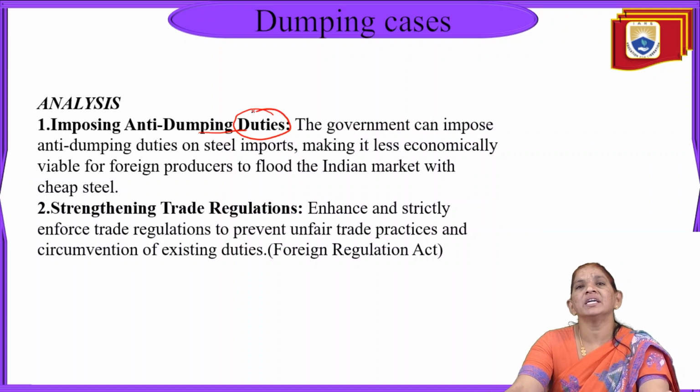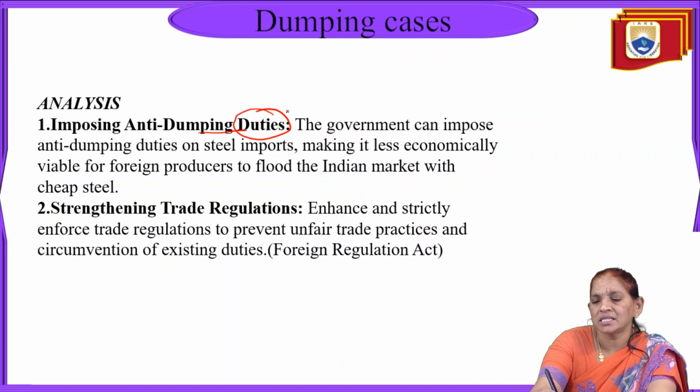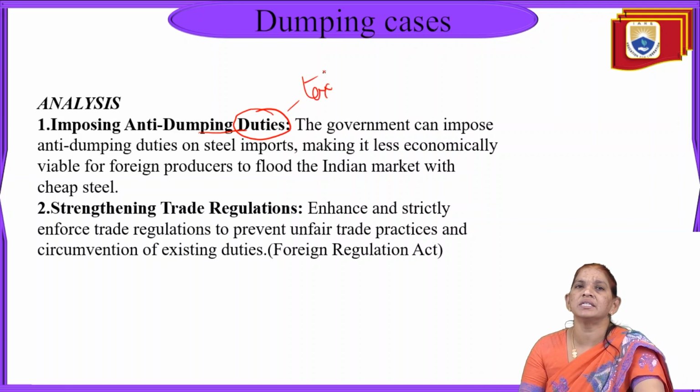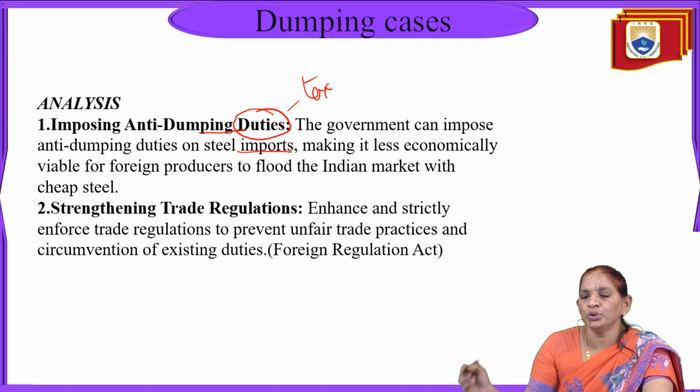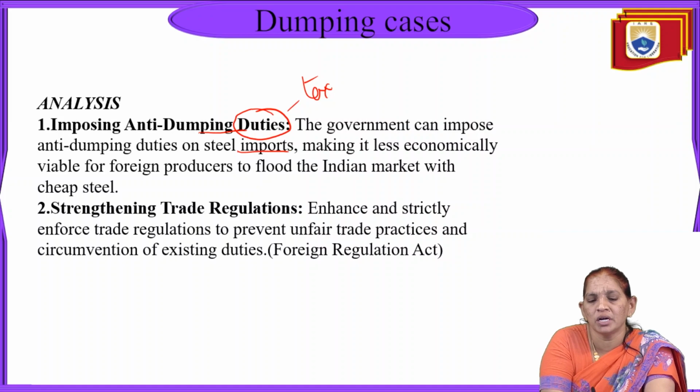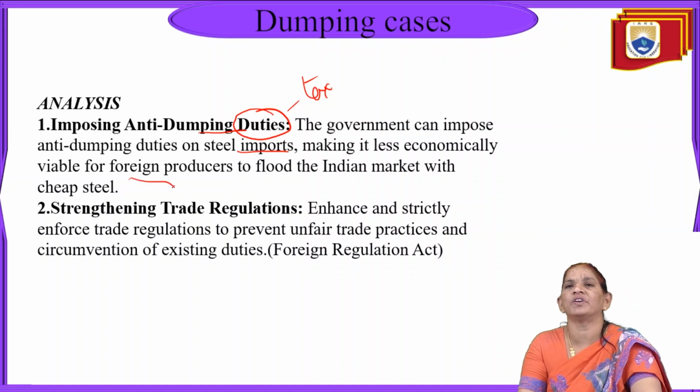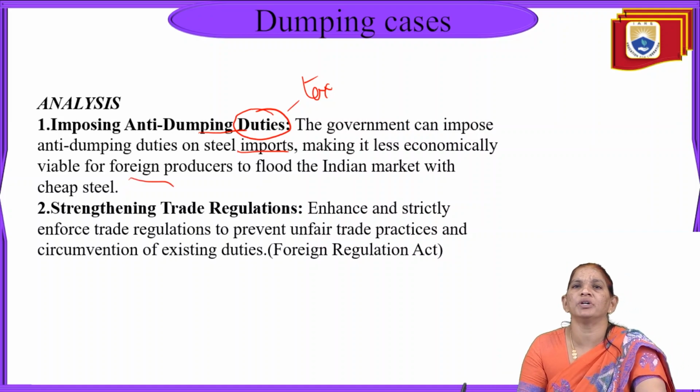These are duties or taxes that the central government can impose on Chinese steel imports, making it less economical and viable for foreign goods to flood the Indian market with cheaper steel.